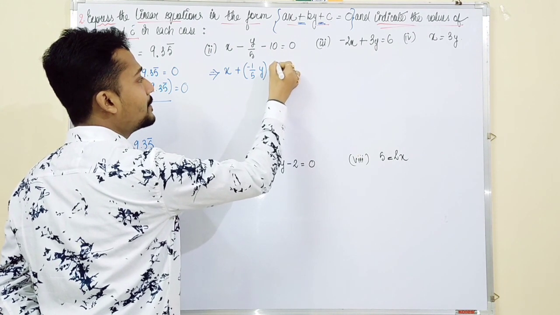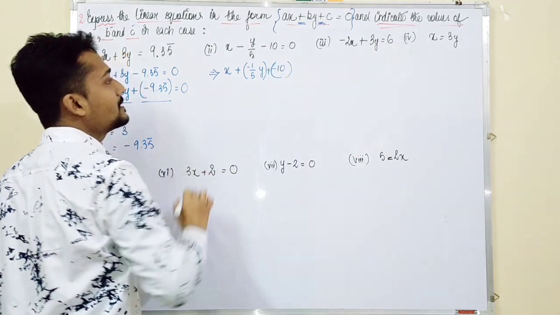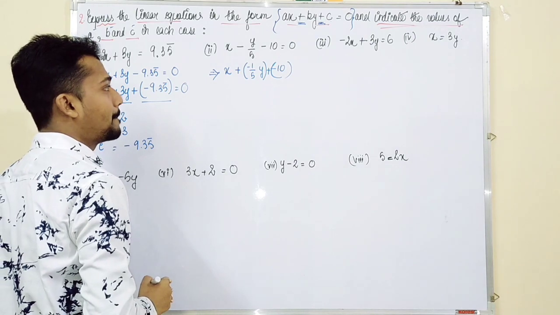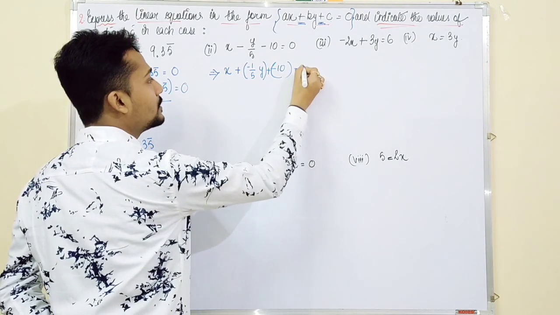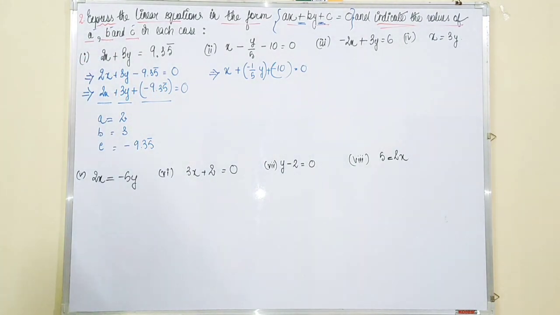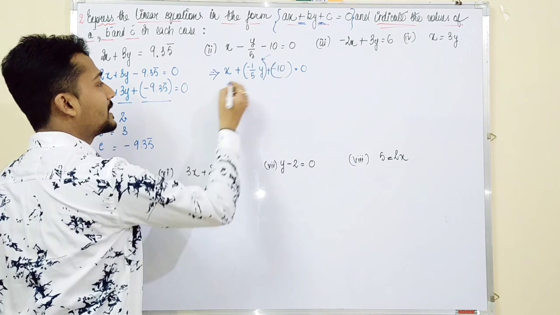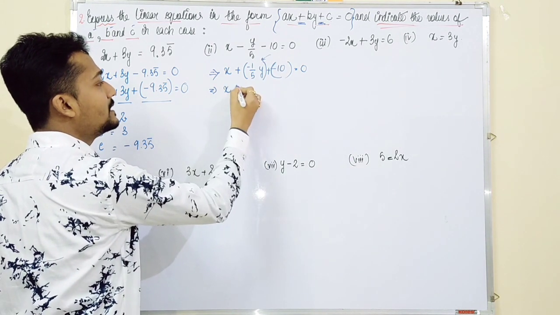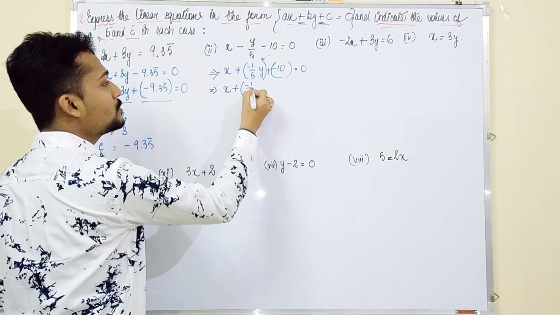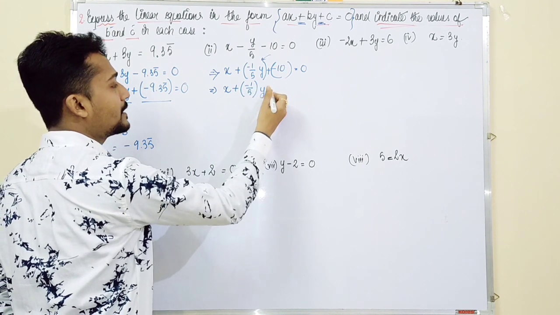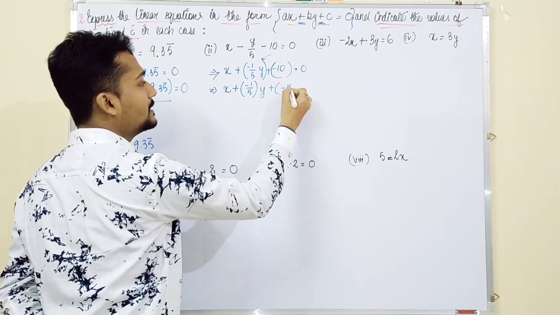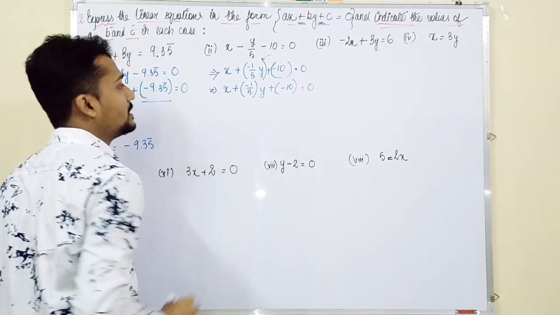So minus 10 can be written as plus minus 10, isn't it? Equal to 0. Now see here, y is within the bracket. Can we take it out of the bracket? Yes. So it will become 1 by 5 minus 1 by 5 y plus minus 10 is equal to 0.